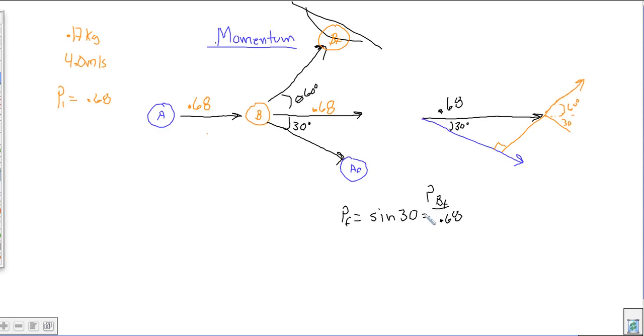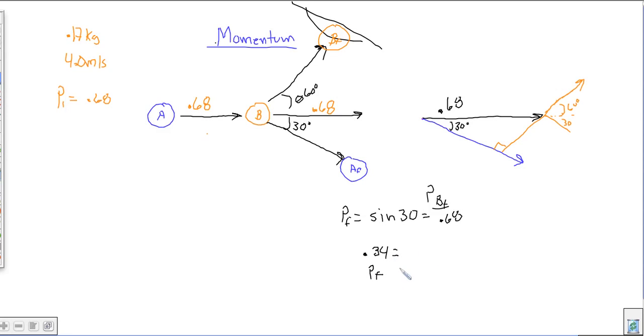So what's that going to give us? Let's see, I got that here somewhere. I'm just trying to look at what my answers are. It's going to give me 0.34 as my momentum final here.